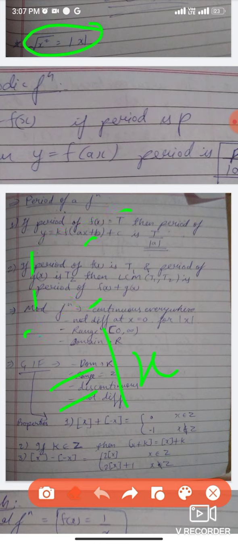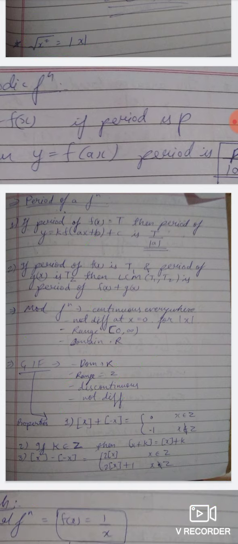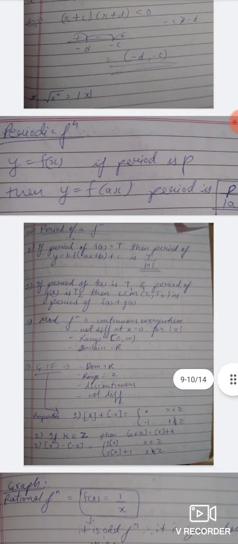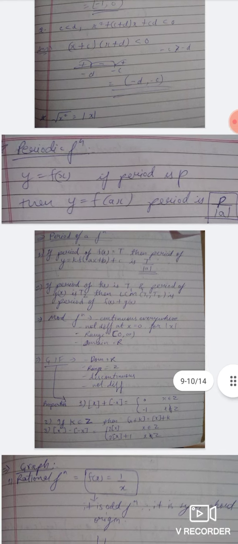Now we come to the periodic function. In the periodic function, if y is equal to f(x) and the period is p, then y is equal to f(ax) has the period p divided by mod of a.